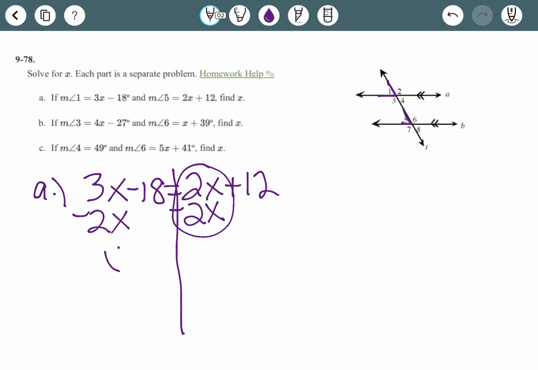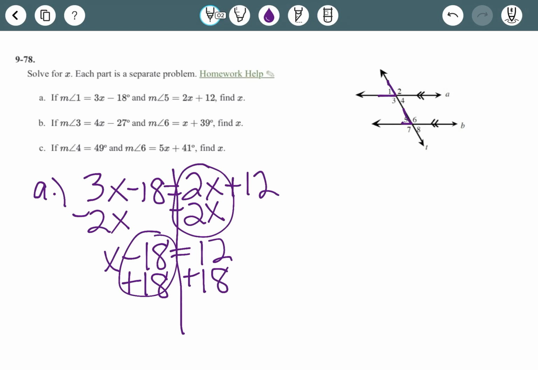I'm left with x minus 18 on this side equals 12. Then to get x by itself, I'm just going to add 18 because I get a zero pair there, and then I'll add 18 to the other side. So I am left with x equals 30 for part A.